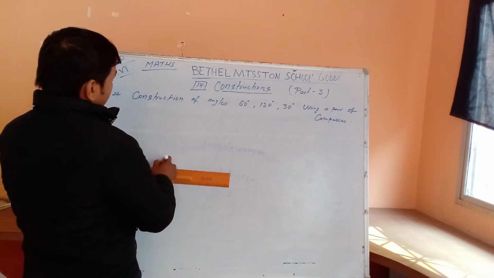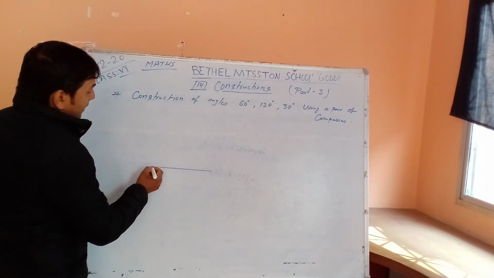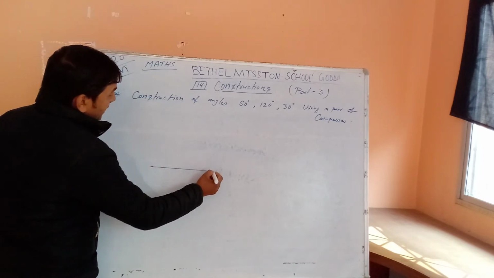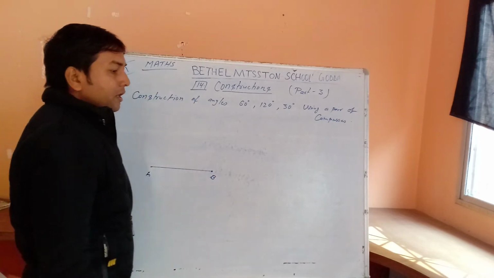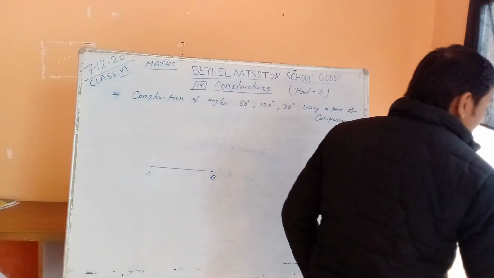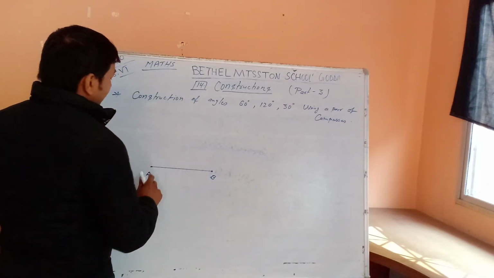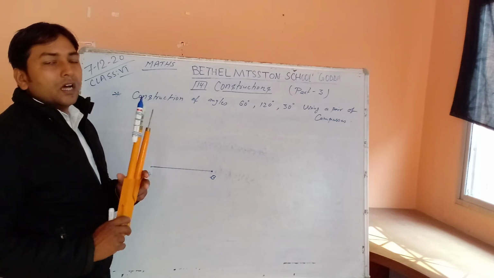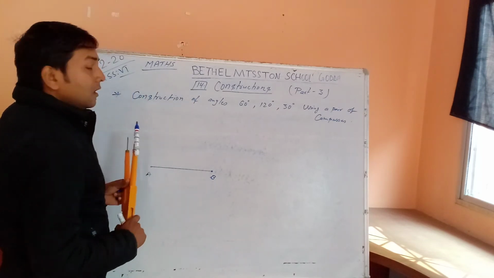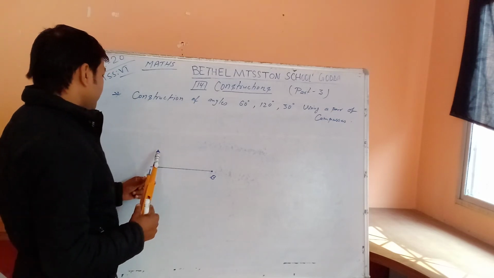So we draw a line and give the name of that line, AB. Now at the center A we have to draw an arc with any radius.